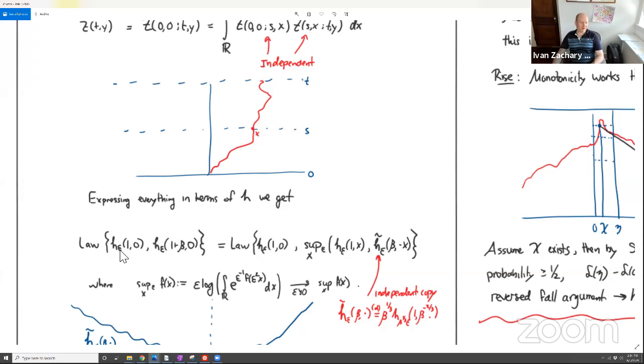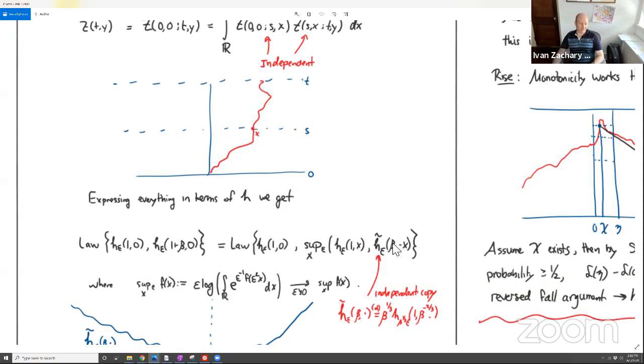If I look at the law of my h at time 1 and position 0, and at my h at time 1 plus beta and position 0, then that's the same as the joint distribution of h at time 1, position 0, and then a composition I'll call sup epsilon between the process, which is h1 of x, and an independent process I'll call h tilde beta of minus x. So the x is going to be varying here.